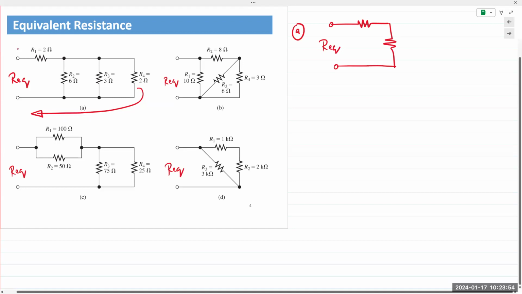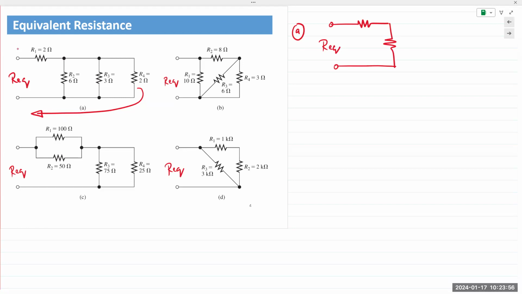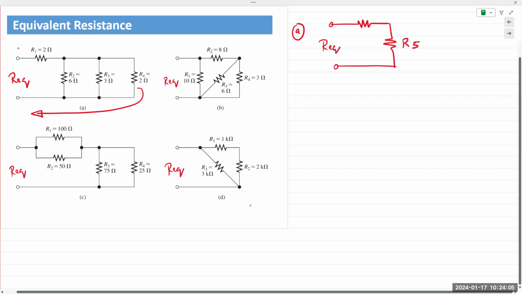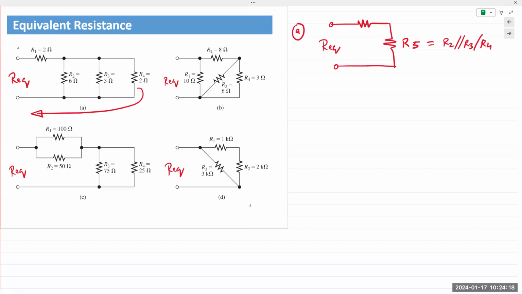And as I go along in a schematic, I tend to label the resistors like this. So if my last remaining resistor was 4, I will name this resistor as R5. So R5 is the parallel combination of R2, R3, and R4.